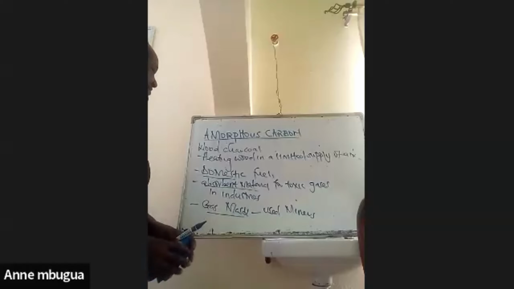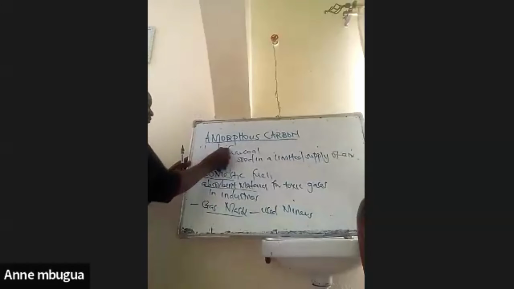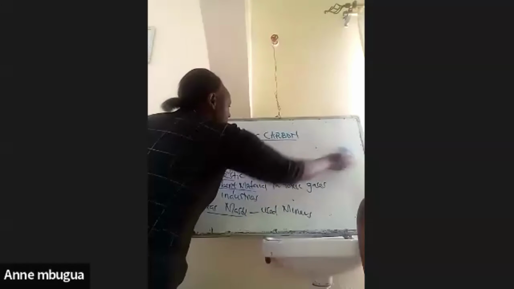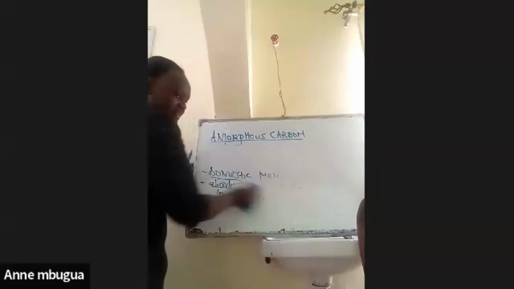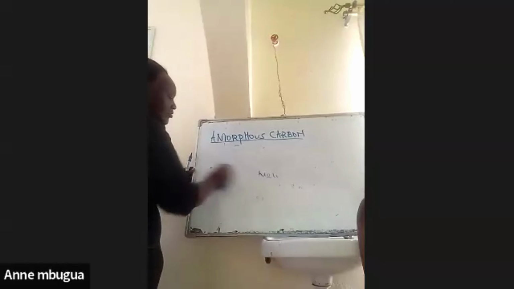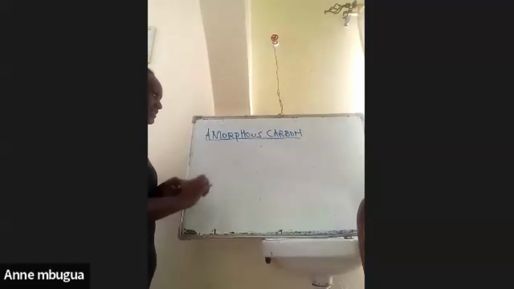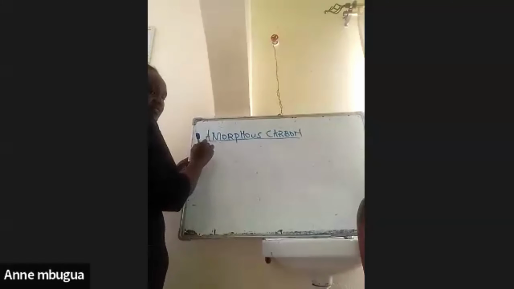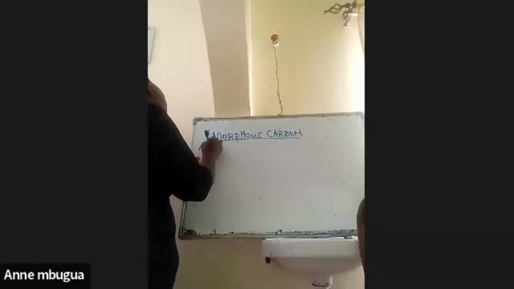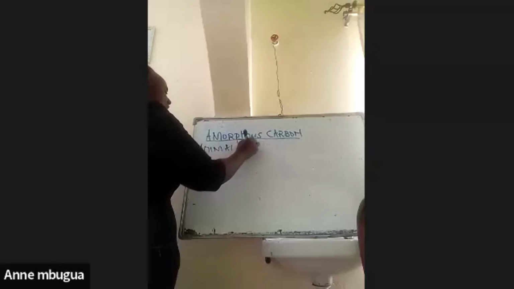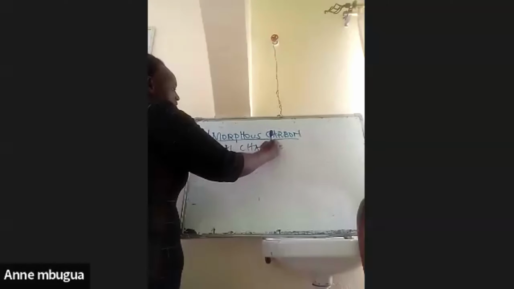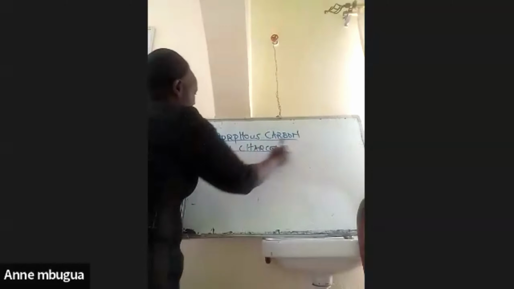The third amorphous form of carbon that I mentioned was the animal charcoal.